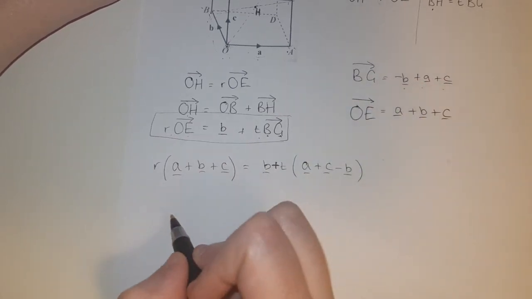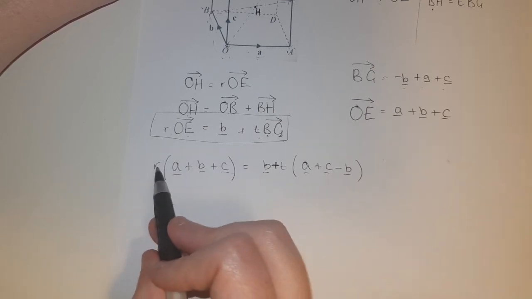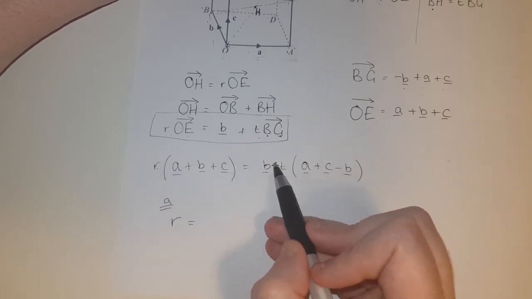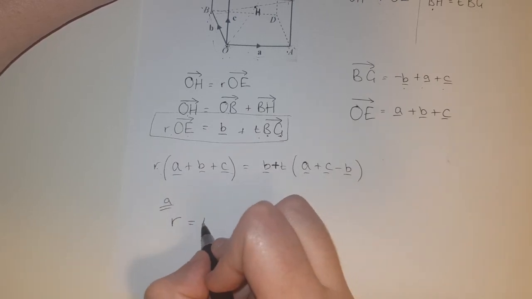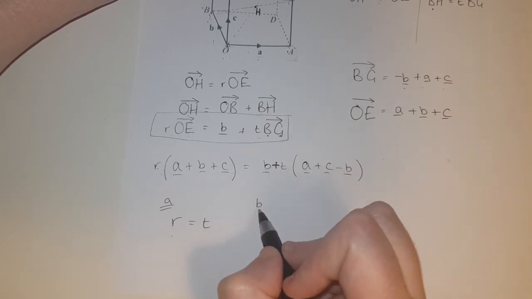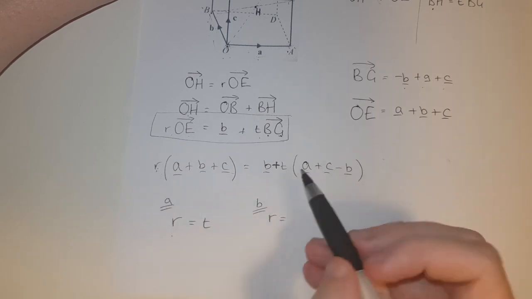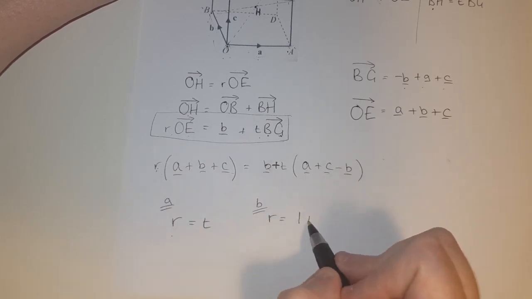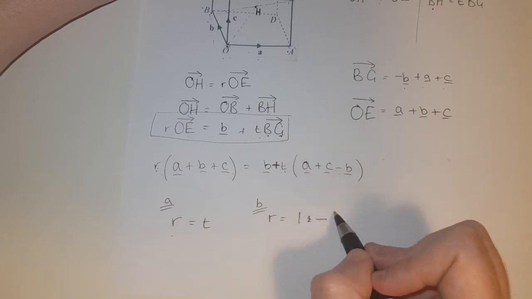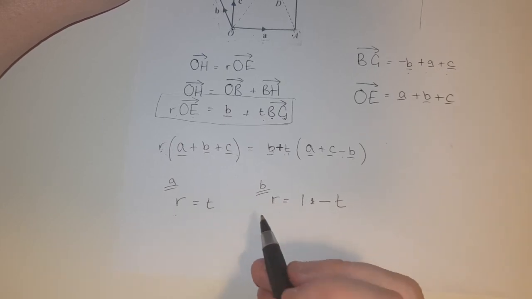Okay, so if I look at the A's and the B's, now if I look at the A's on this side, I've got R lots of A. So R is equal to, that's not an A, so I don't have to worry about it, is equal to T. So I know R and T have to be the same value. If I then look at the B's, the R on this side has to equal, and I've got 1B outside, and then I've got minus TB, so minus T. Okay, I've got a pair of simultaneous equations.